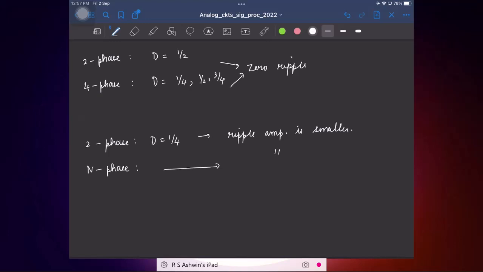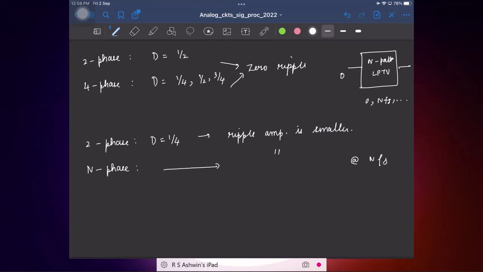N times fs. See, an N-phase buck converter is basically our N-path LPTV system, right? And you are giving an input of 0. So at the output, the only frequency components you could expect are 0, N fs and so on. So the fundamental frequency for the ripple will be at N fs. So the amplitude reduces, the ripple frequency increases. Is that okay?